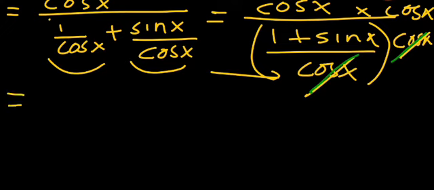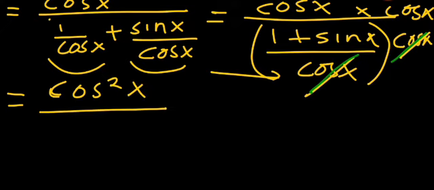When you simplify cos x times cos x, that is cos x squared over, here we have only remained with 1 plus sin x.